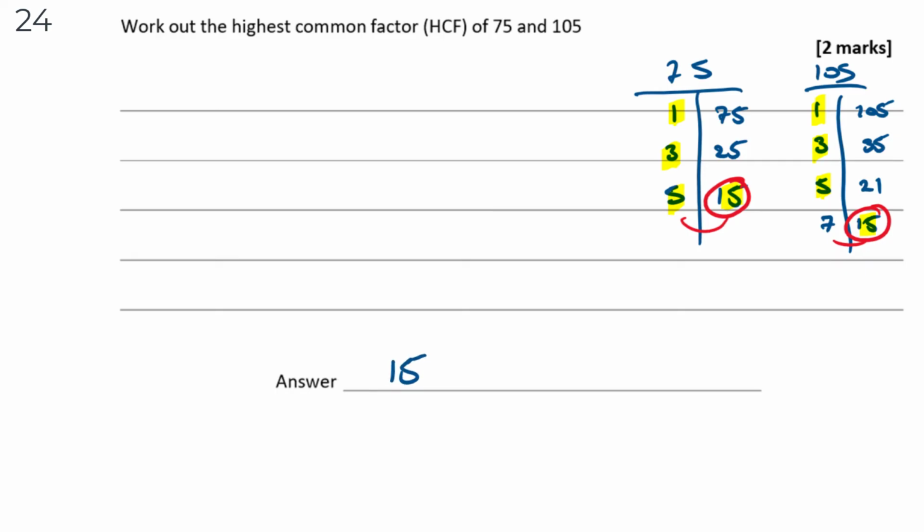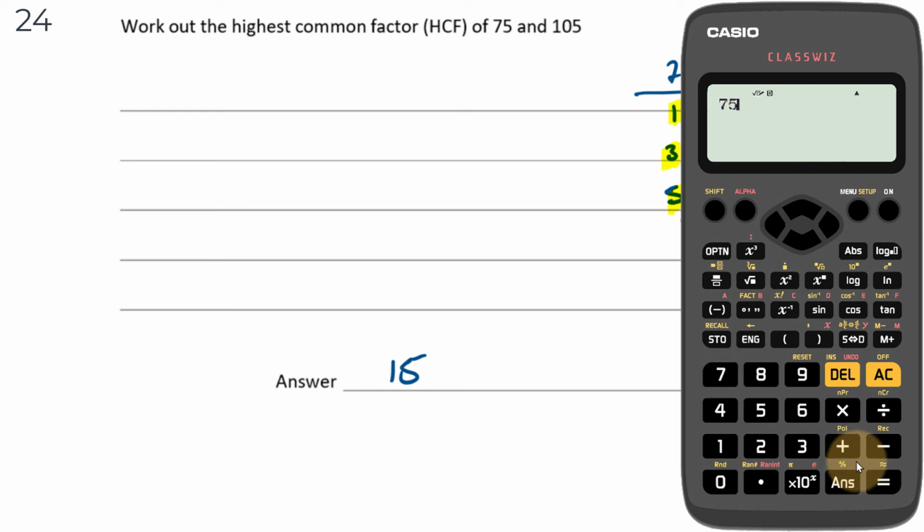There is an alternative approach using prime factor decomposition. If you type into your calculator 75 and equals, and then press shift fact, it will rewrite your number in what we call its product of prime factors. So 75 is equal to 3 times 5 squared, or 3 times 5 times 5, and 105, I'll do the same thing. 105 shift fact gives me 3 times 5 times 7.